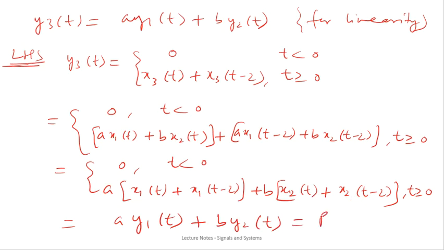This will be equal to this RHS. So that means the given system is a linear system. You can just write down that the system is a linear system.